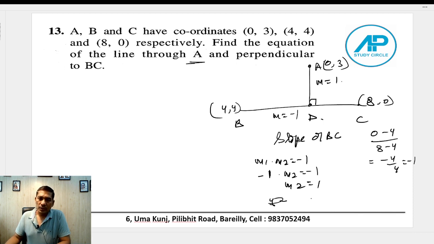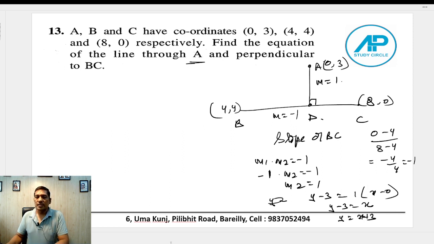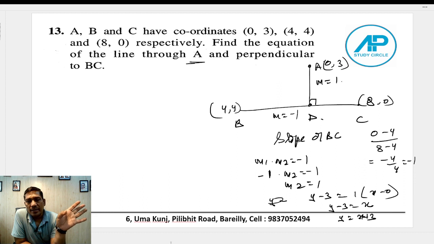So the equation of AD: y minus 3 equals 1 into x minus 0. Y equals x plus 3 is the equation of the perpendicular from point A on the line BC. I hope you understand the difference of finding the equation of a median and the perpendicular from any point on base BC.